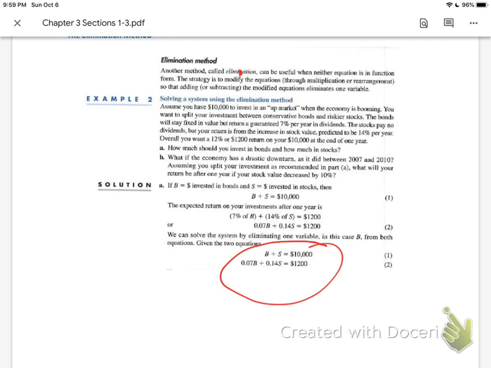If you multiply every term by a negative 0.07, when you add them together, the b's will cancel, and then you'll have everything in terms of s, and you'll be able to solve that by using elimination. Okay, so that's how that would work, because I would have things written in terms of s, and life would be good. So let's move on to the next page, and we'll discuss more of these matters.